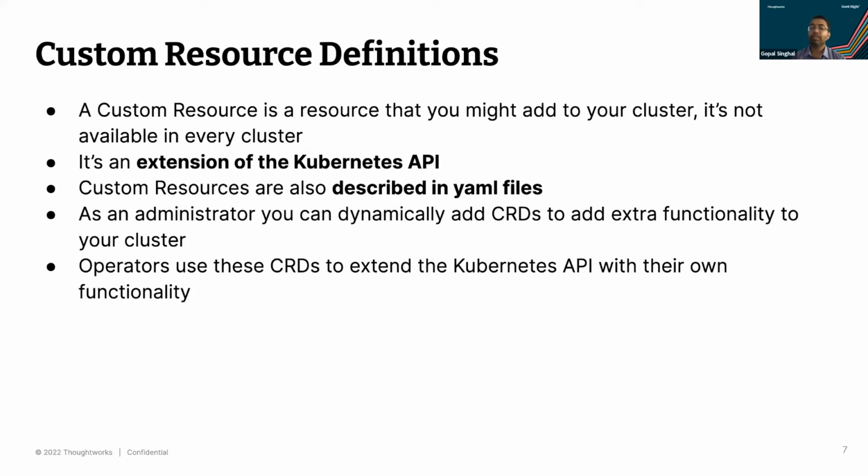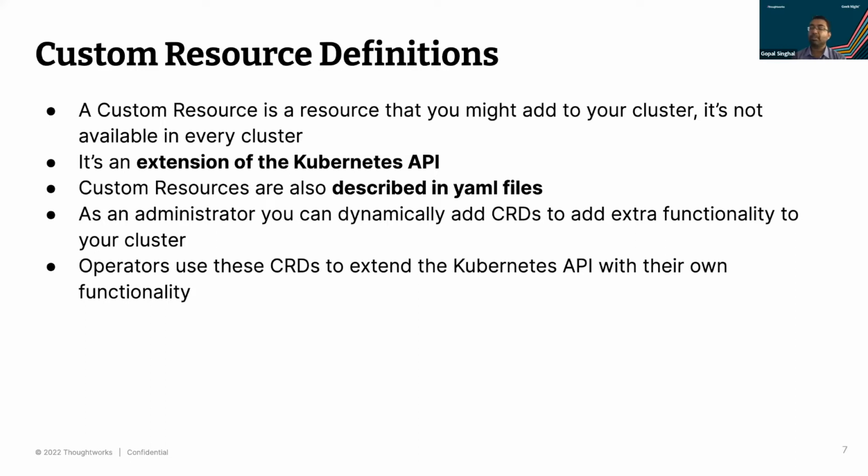You can create a custom resource at any time on the cluster whenever required, and it need not be deployed at the beginning of setting up a cluster. If I have a cluster running and I need a custom resource, I can add it at any point of time. It's not a part of the installation of the cluster.